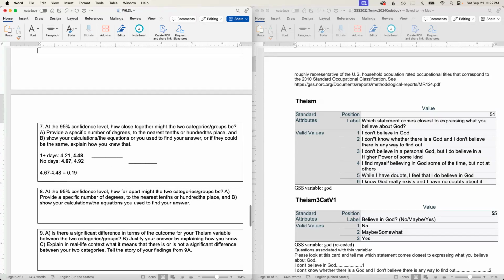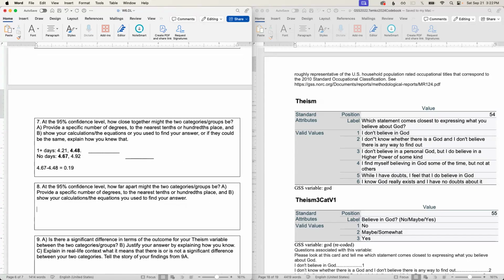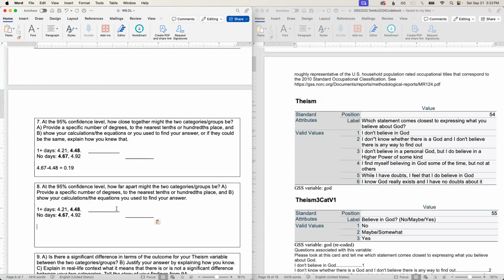Okay. Then I want to know how far apart might they be. When we're looking close together, we're looking right here and right here. Now we want to look how far. So that would be like here and here. So that's going to be the lower bound here and my upper bound here. That would make them as far apart as possible.